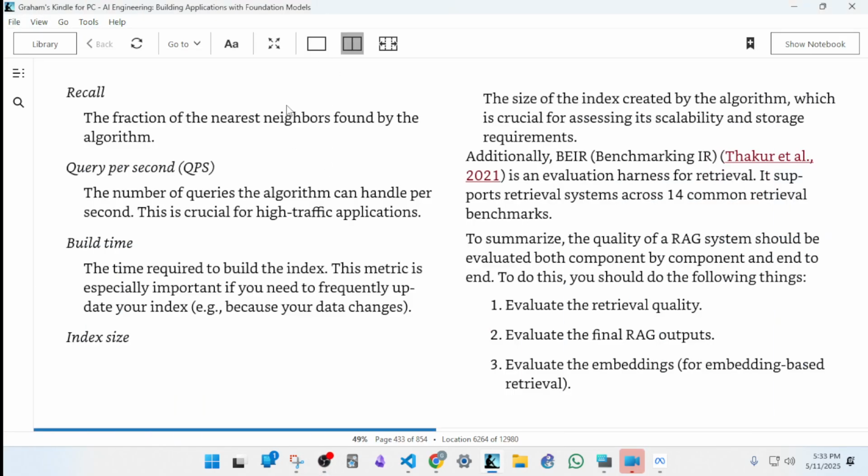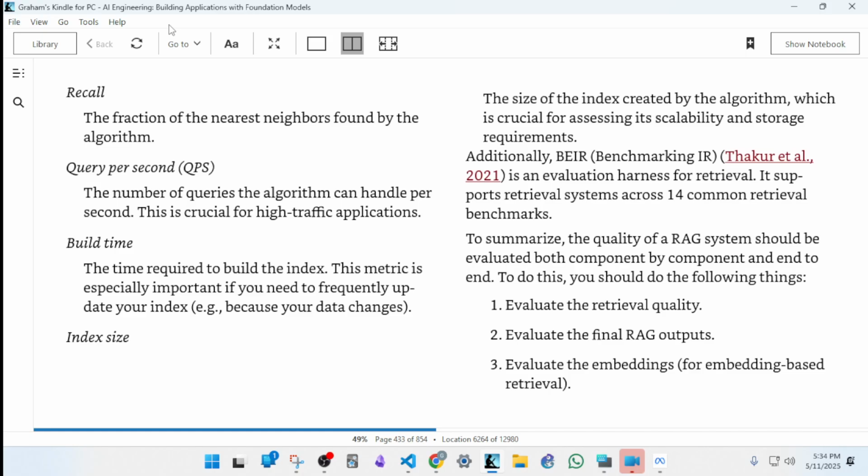Build time, the time required to build the index. This metric is especially important if you need to frequently update your index, for example, because your data changes. Index size, the size of the index created by the algorithm, which is crucial for assessing its scalability and storage requirements. Additionally, BEIR, Benchmarking IR, in 2021 is an evaluation harness for retrieval. It supports retrieval systems across 11 common retrieval benchmarks.